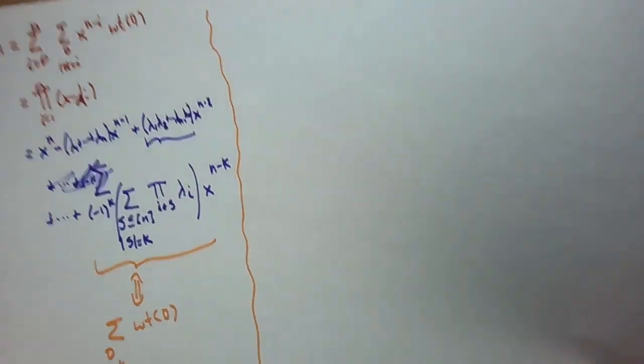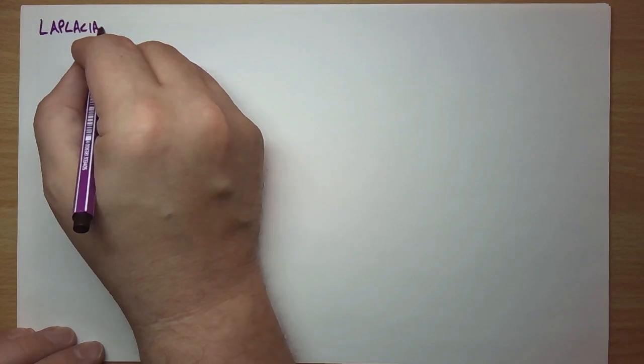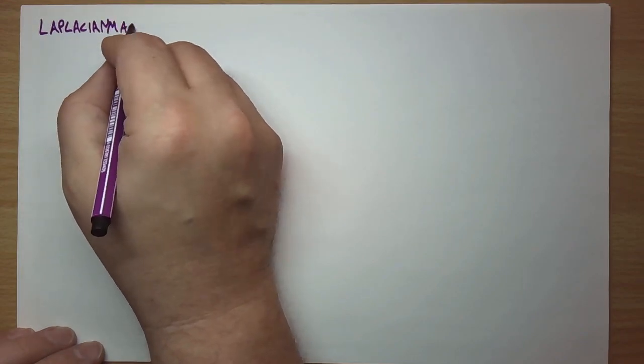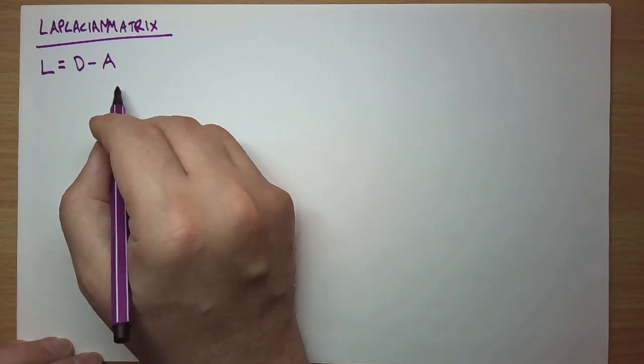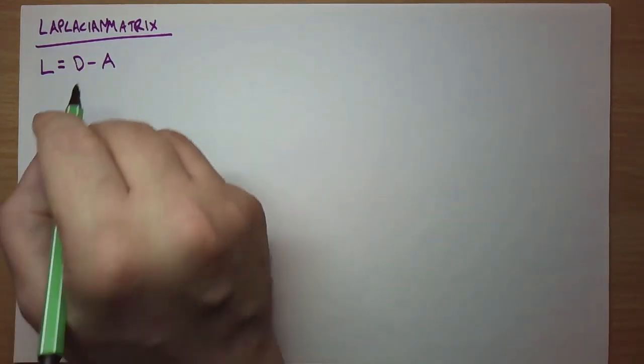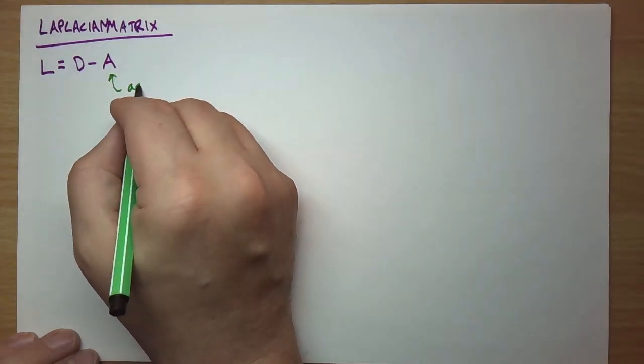So, should we start with Laplacians? Yes? It's a brave new world. Okay, so the Laplacian matrix. We've been waiting for this. And our day has come. So, I should introduce some things first. L is D minus A. Now, what is A? A is our classic adjacency matrix.